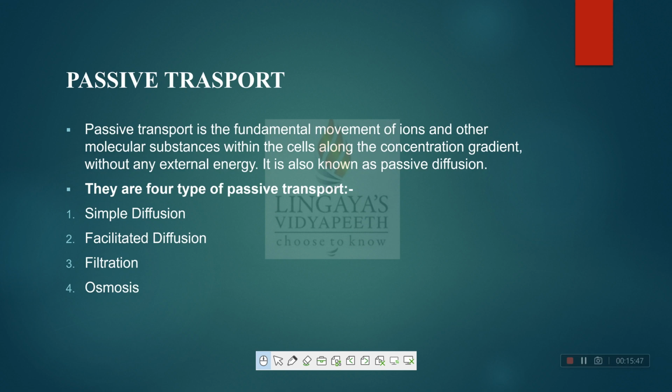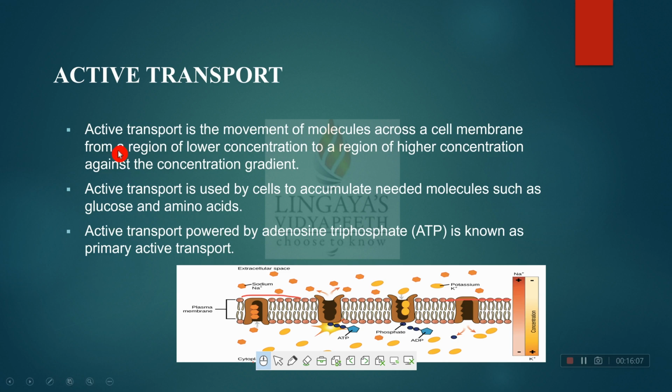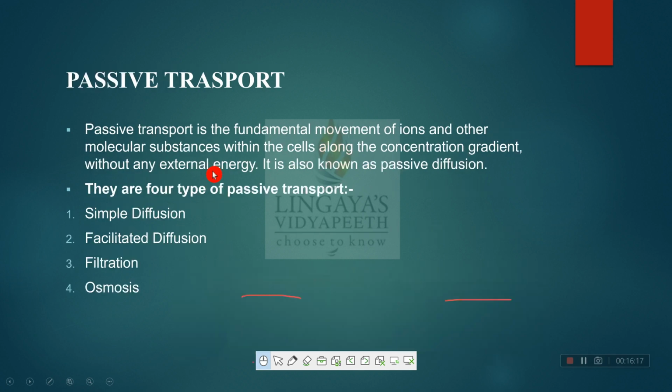Now moving on and talking about passive transport, the second type of transport performed by the cell. So what is passive transport? It is the movement of ions and other molecules within the cell along the concentration gradient without any external energy. What happens in active transport? The molecules move from a region of lower concentration to a region of higher concentration, against the concentration gradient.